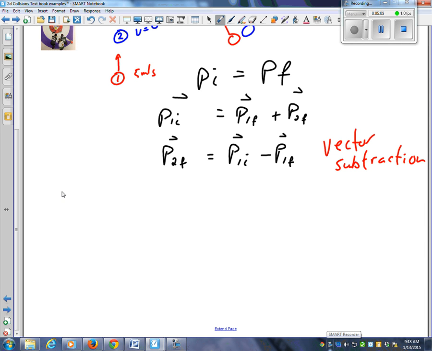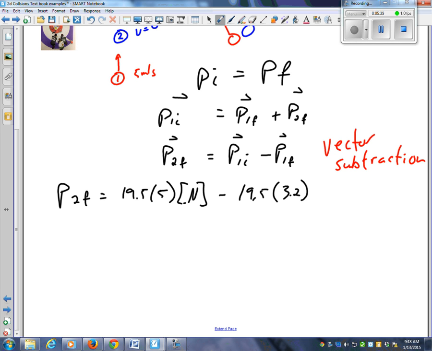Okay, so I'm going to write this out here. This is one way to just show it here. P2F, and I moved over a little bit because I've got quite a bit of space. So really, I'm talking about P1I, we've got to figure out the momentum, right? So that's going to be 19.5 times 5, mass times velocity, north, minus P1F, which is going to be 19.5 times 3.2 north 30 west.